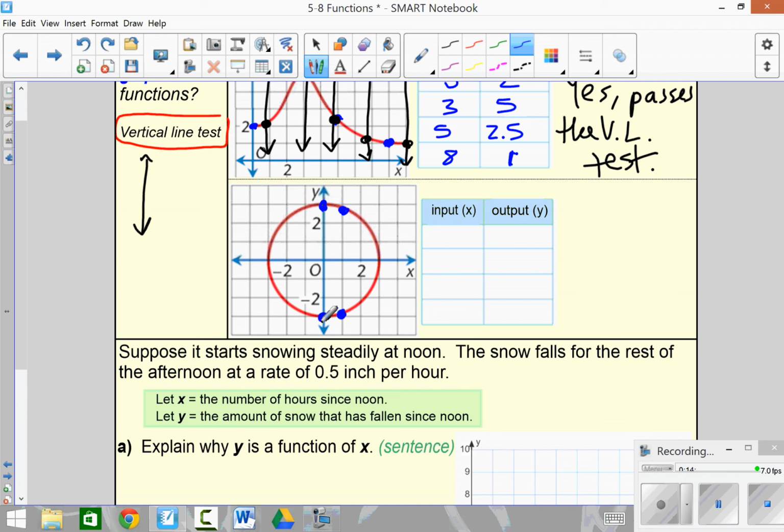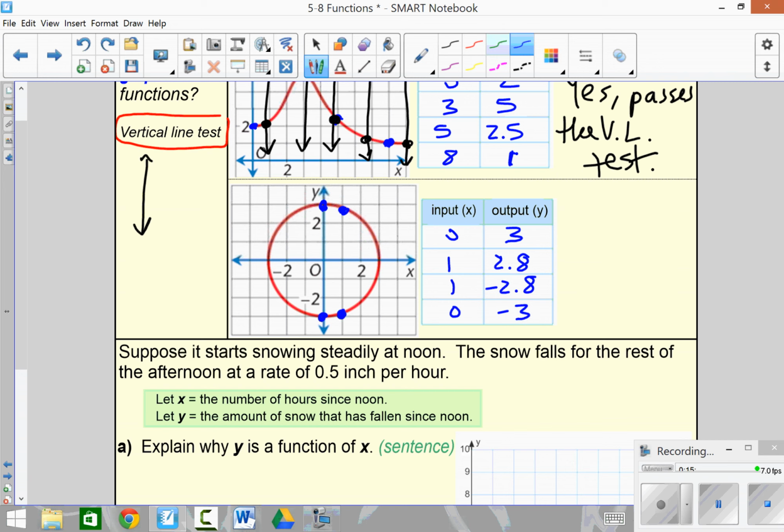This ordered pair right here is 0, 3. This ordered pair right here is 1, and it's almost 3. Let's just say it's 2.8. This point right here is 1, and it looks like it's also almost down to 3, so negative 2.8. And this ordered pair here is 0 and negative 3.